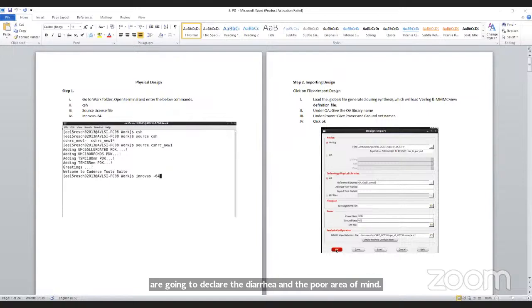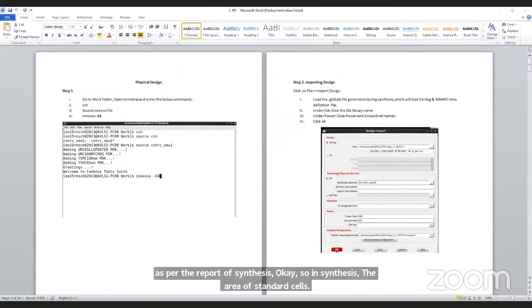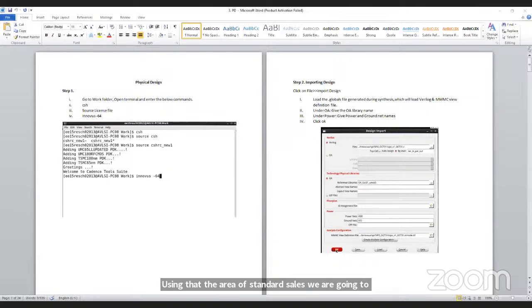In synthesis, we get the area of the standard cells, and using that area we estimate how much area to use for the chip design. This is completely on a trial and error basis. Initially, based on 50% or 60% utilization for placing standard cells and macros, we decide the die area and core area.